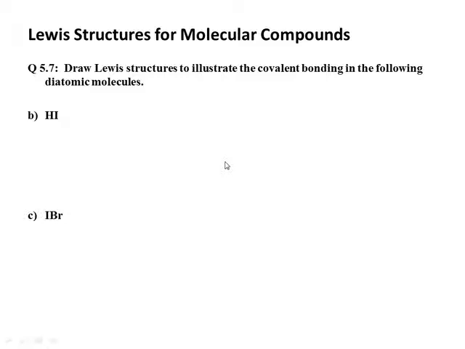Draw Lewis structures to illustrate the covalent bonding in the following diatomic molecules. Now, this is a simple Lewis structure without using all the steps and procedures. All we have to do is look at each element and its valence electrons. So hydrogen has one valence electron, and iodine, belonging in the group 7A of the periodic table, has 7 valence electrons.